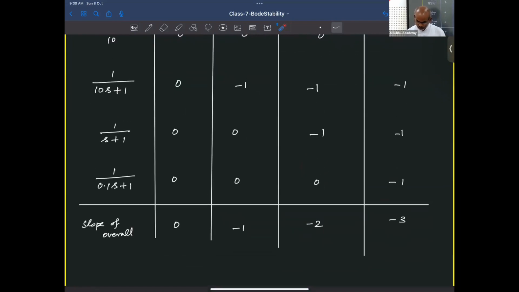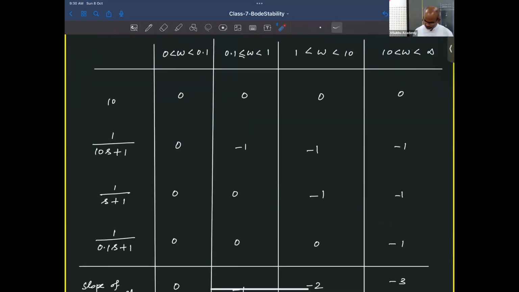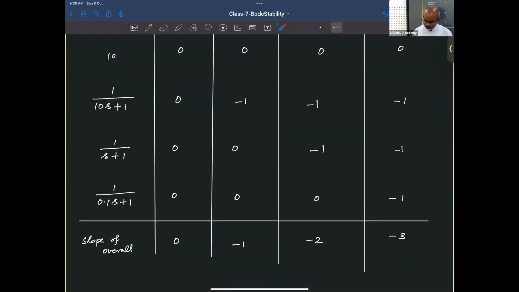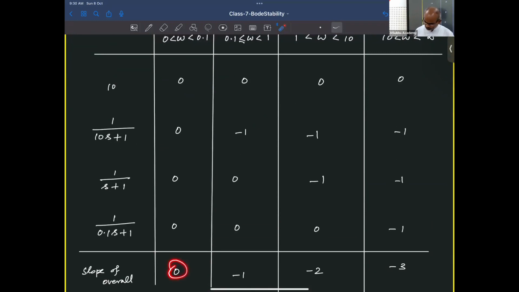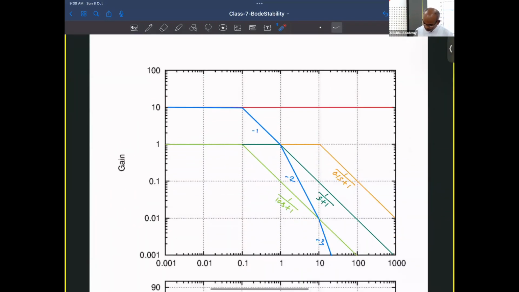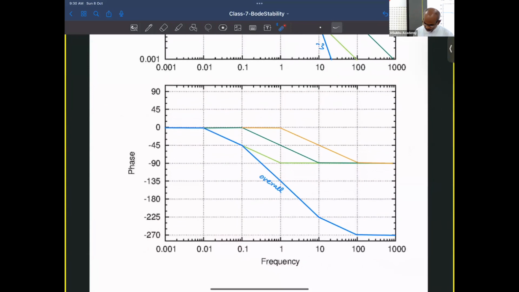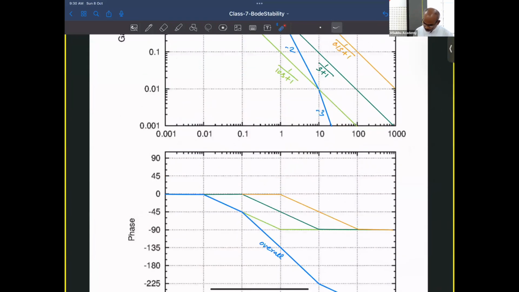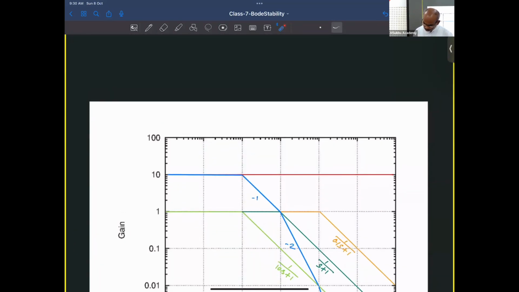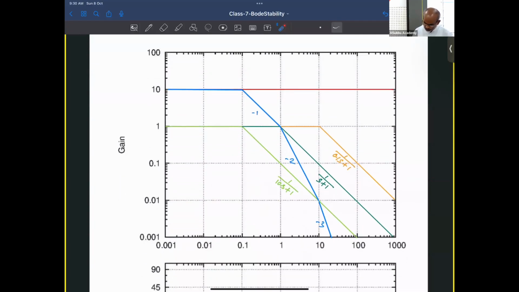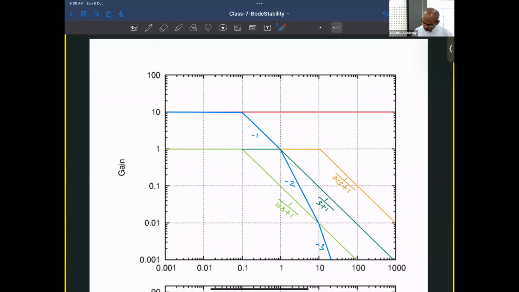Now these things are to be plotted. Till an omega of 0.1 we have a slope of 0. Of course, we are starting with the highest gain value, and this line already corresponds to K of 10.